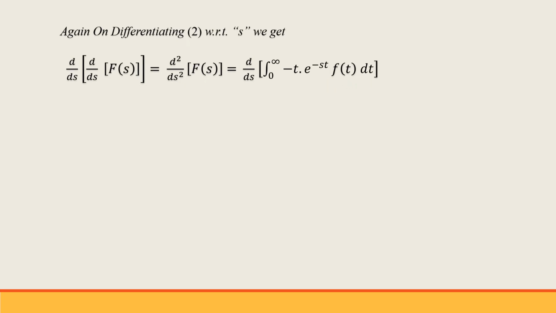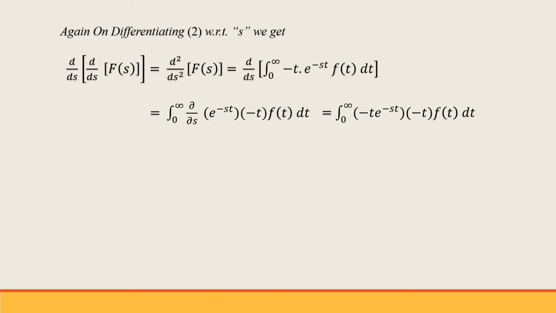As we have done earlier, again we can take d by ds inside the integral, and by solving the differentiation we can write it as integral 0 to infinity minus t e raised to the power minus st into minus t into f(t) dt.